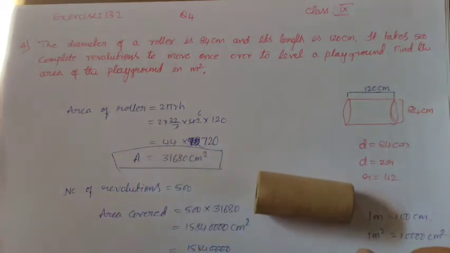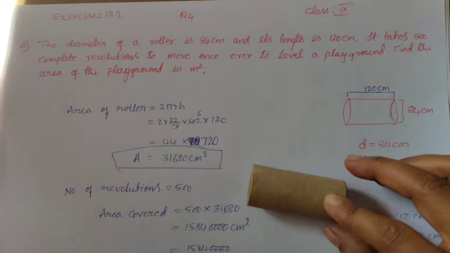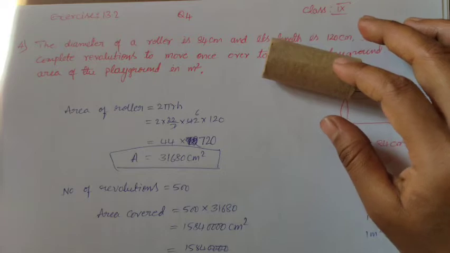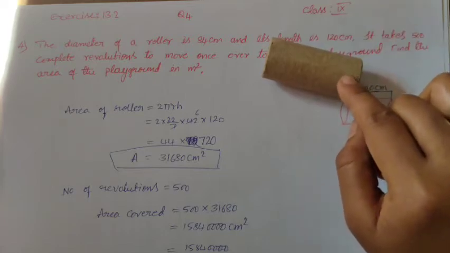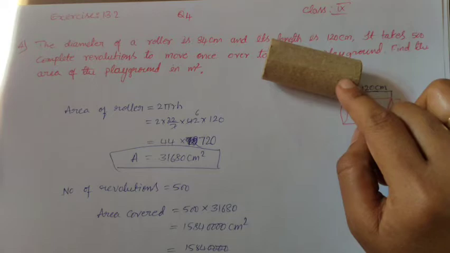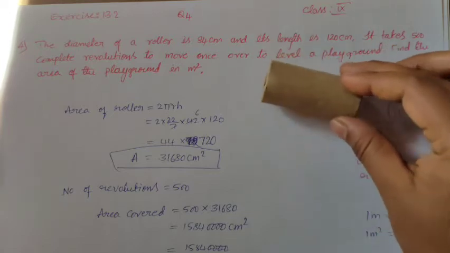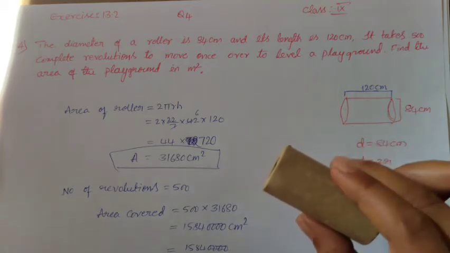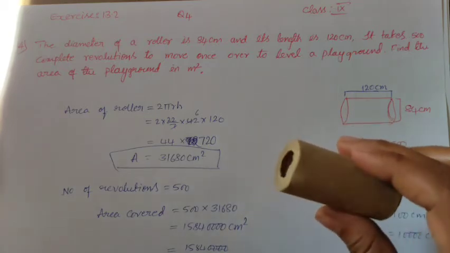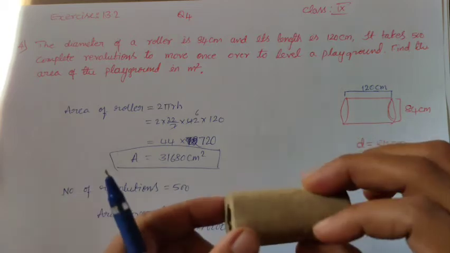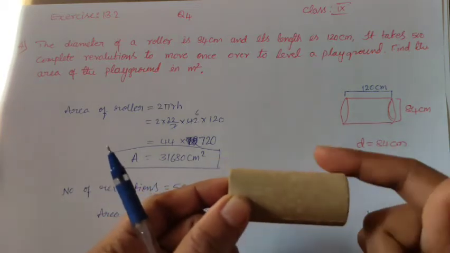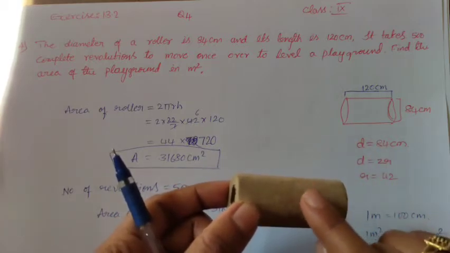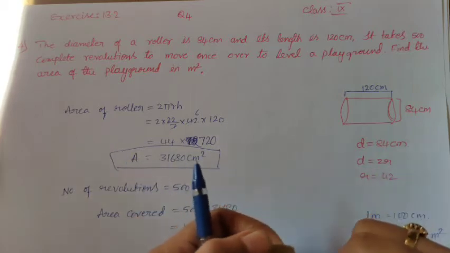From this point you roll like this and come back to here, so this is 1 revolution. The 1 revolution is nothing but the curved surface area of the cylinder. So the area of the roller is the curved surface area of the cylinder.